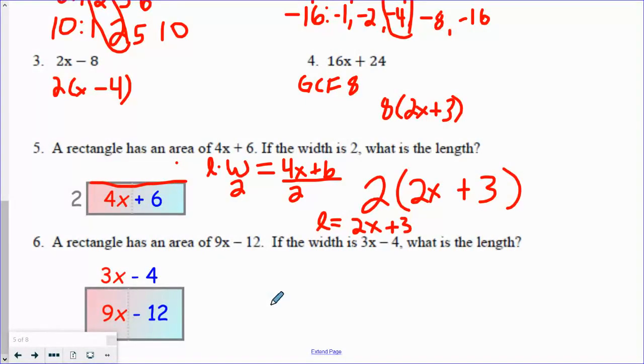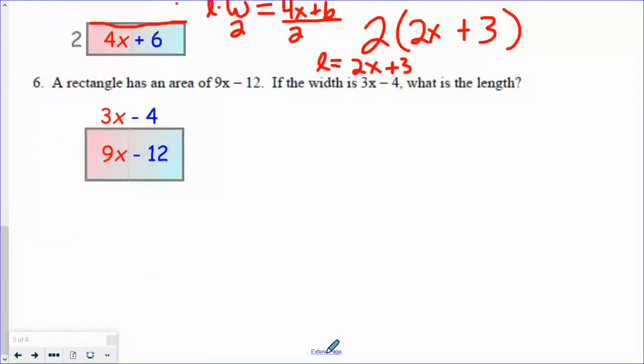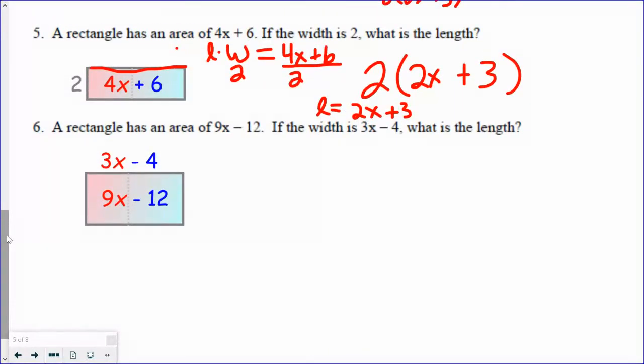So then let's look at number 6. Okay? A rectangle has an area of 9x minus 12. If the width is 3x minus 4, what is the length? So once again, we need to take out what is kind of like the opposite of what we did with number 5.